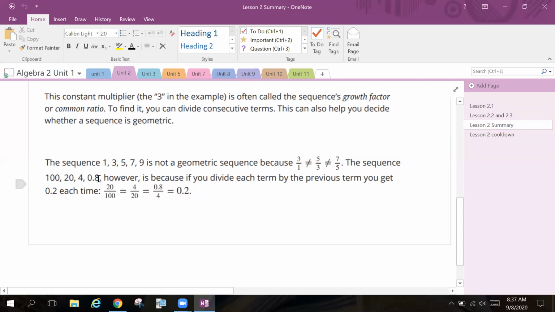Then they gave you this one. Okay, you start with a big number going down to a small one. What are they doing? Well, they're dividing, but to write it as a growth factor, we know we have to change it to a fraction, don't we? So the growth factor would be multiply by 2/10 or 1/5.